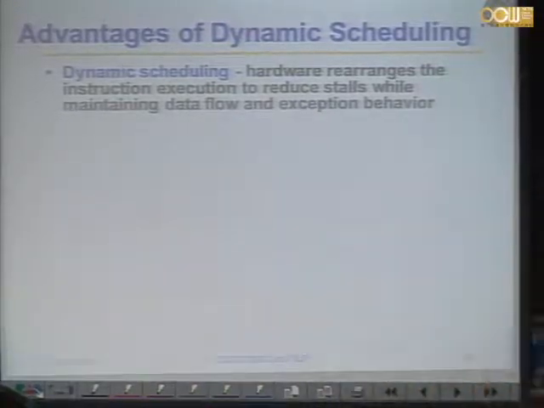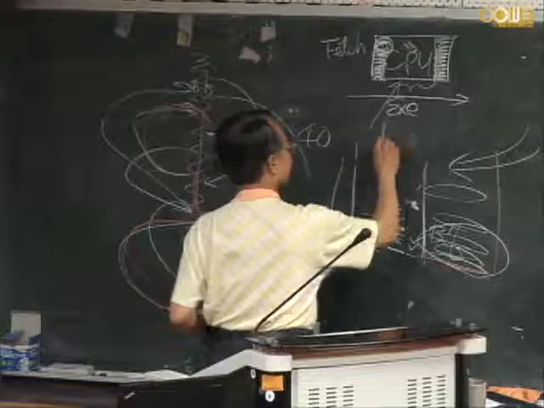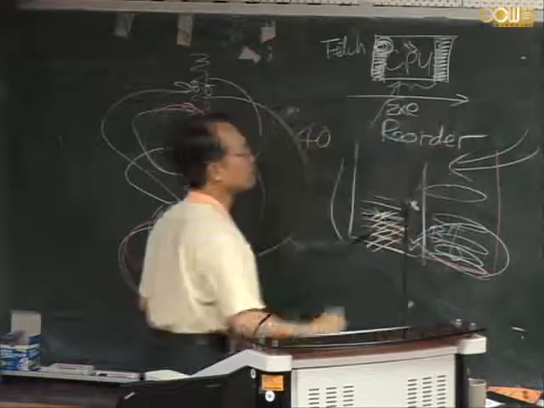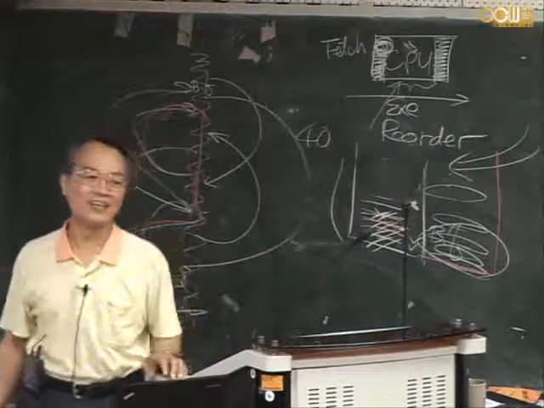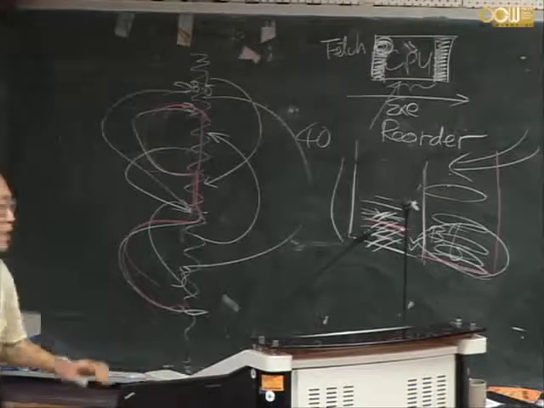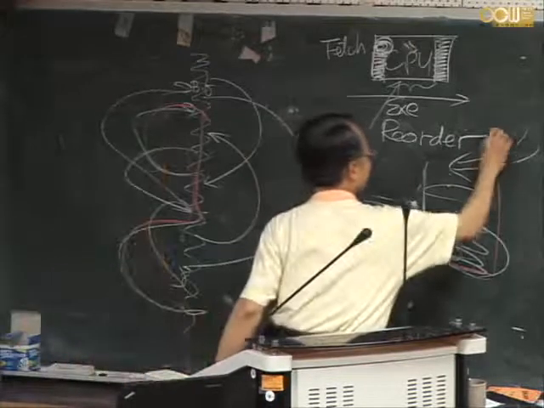This table has a name. It keeps the order of the execution sequence. Reorder buffer is its name.